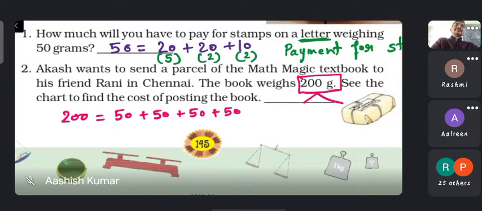Oh, yeah, it is visible. So for the first 50, we have to pay 5 rupees. For the second, we have to pay 3. Third, 3, and fourth, 3.